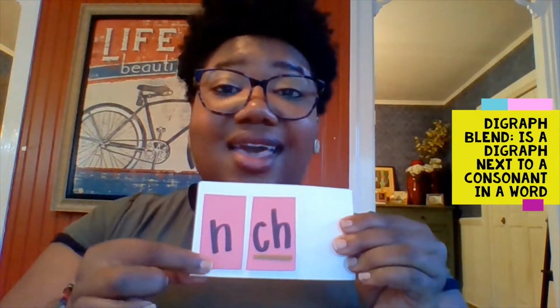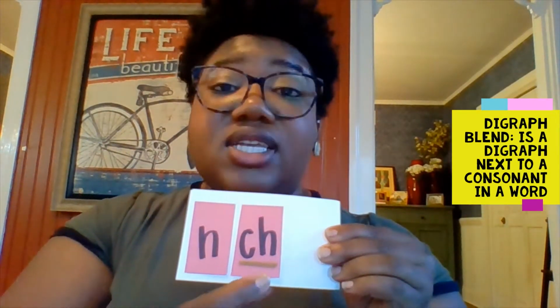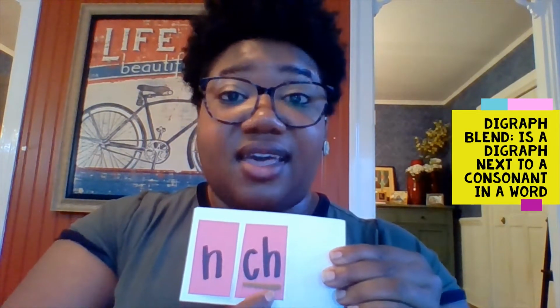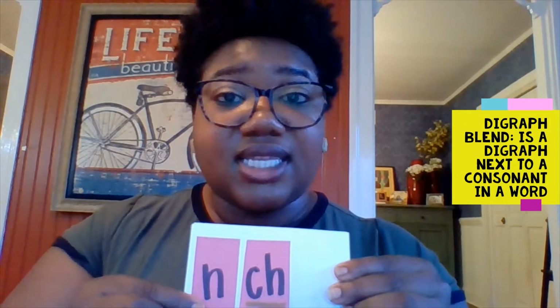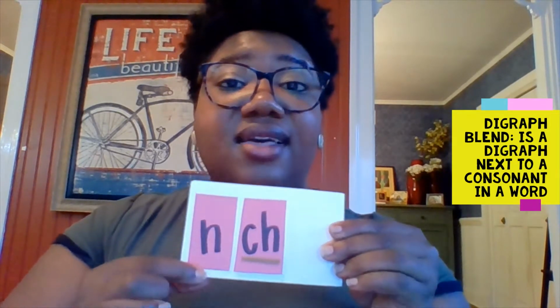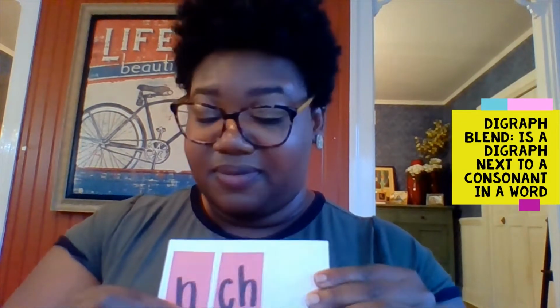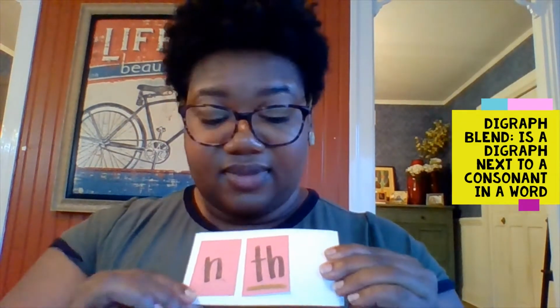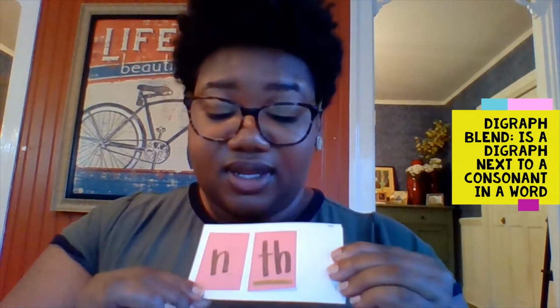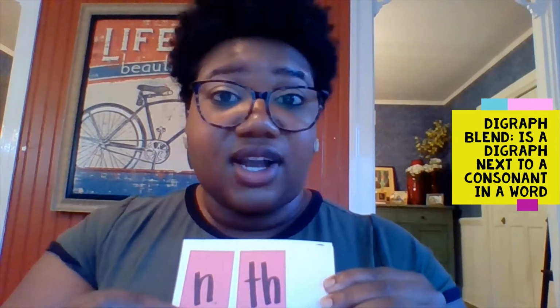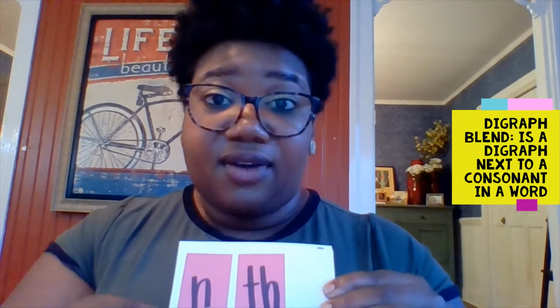Now this one, NCH. CH is our what? That's it, our digraph. And N is a consonant, and this will make it a digraph blend. So, nch, nch. And this one, TH is our digraph, and N is our consonant. So this will make it a digraph blend.